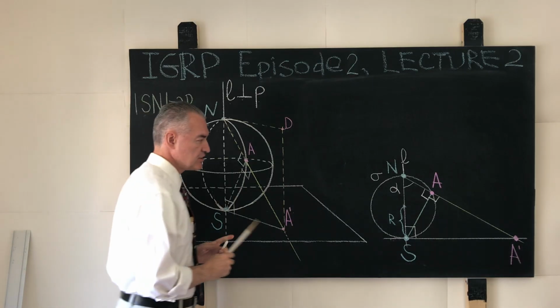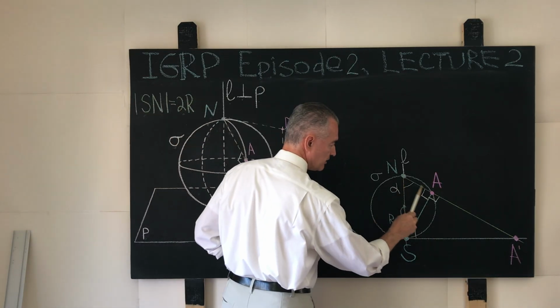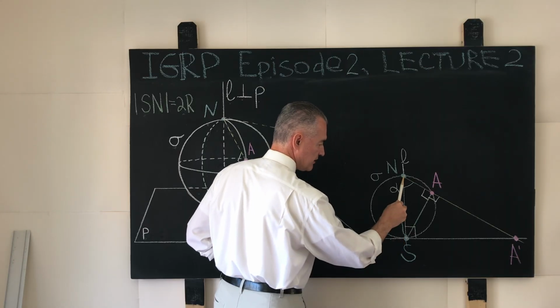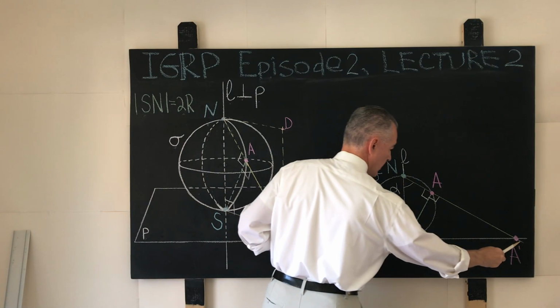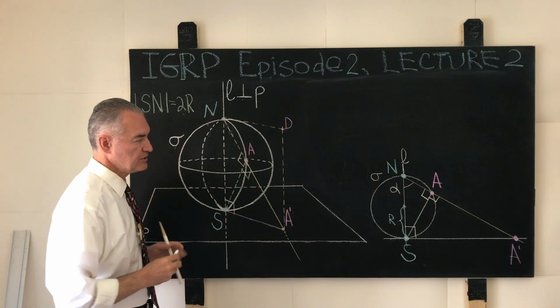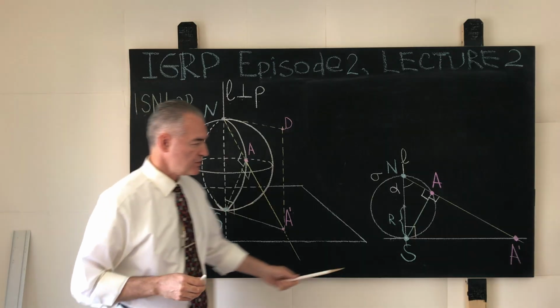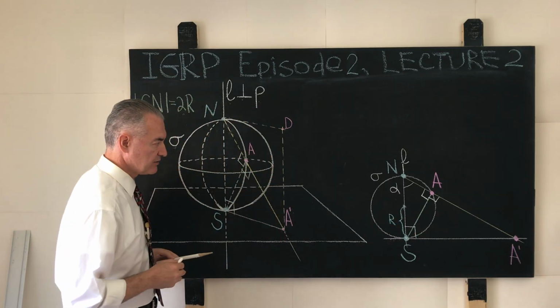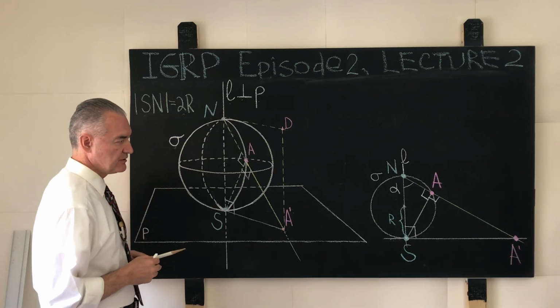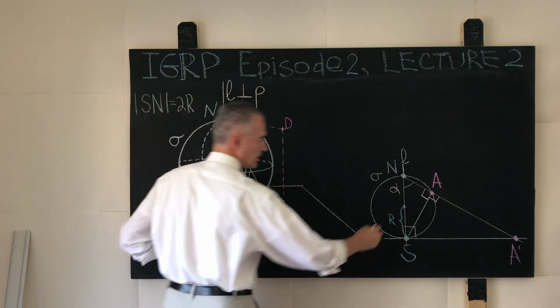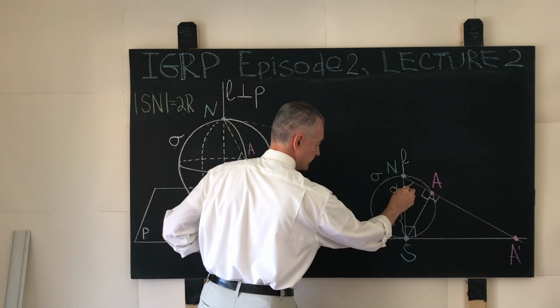Well, it is shared by the triangle NAS and the triangle NSA prime. And in a second, we will see what else is going on here with the third triangle SAA prime, even though technically we do not need that. So we will mark this angle as alpha.